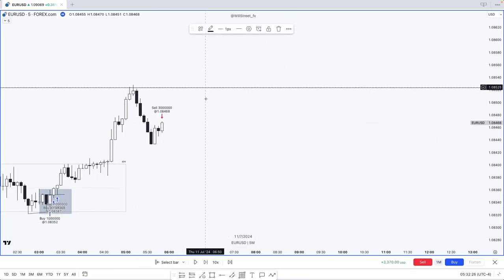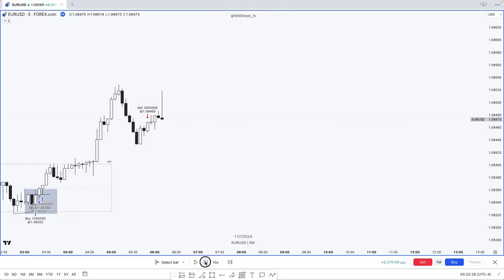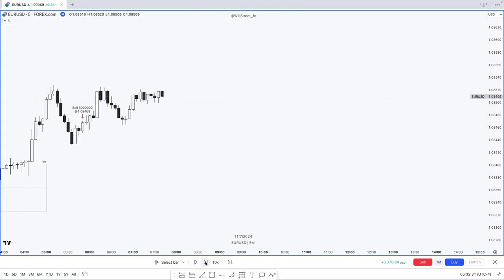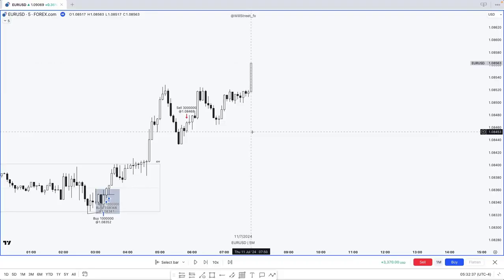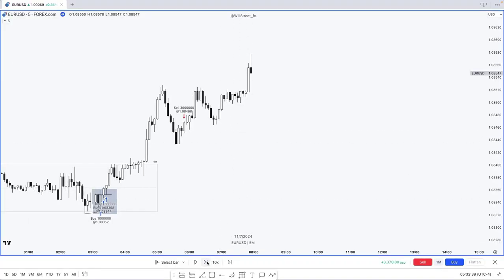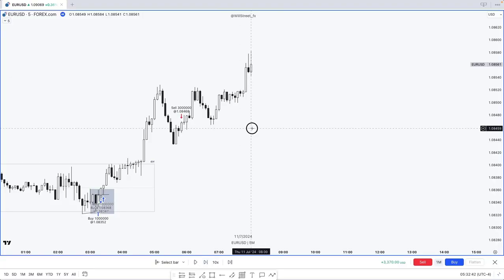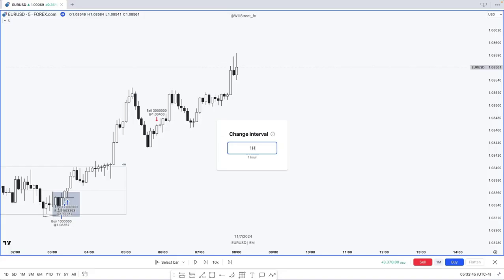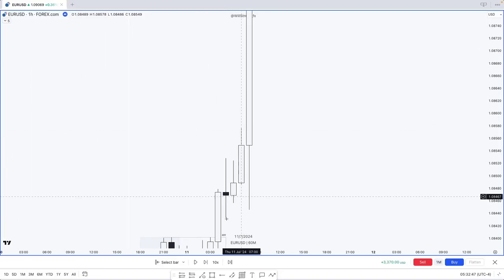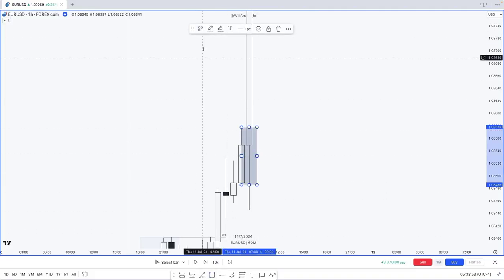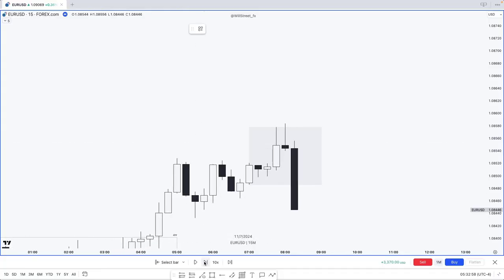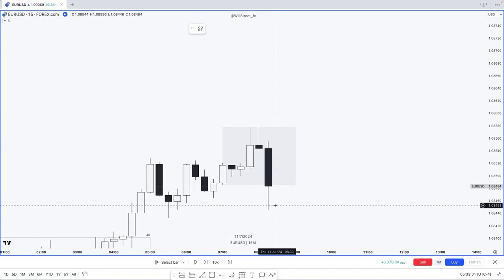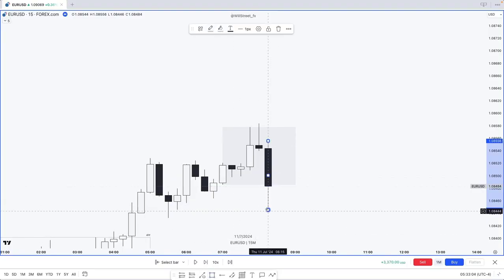So let's find an entry for CPI. Look at the time. We want to buy new candles. So this is 7:50, 8 o'clock. Let's find a turtle soup. This is our range. Let's refine. Look at the time. 8:15.